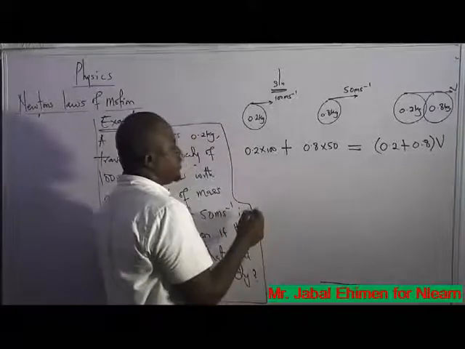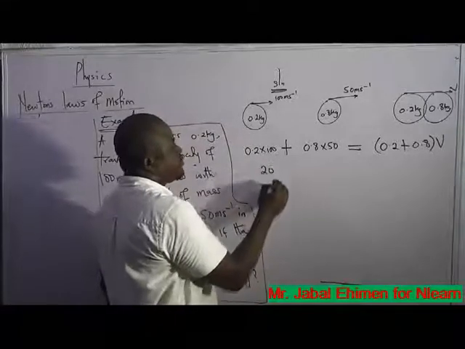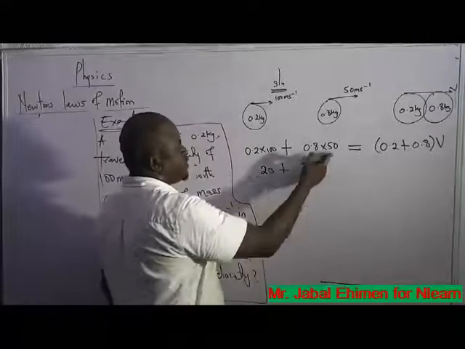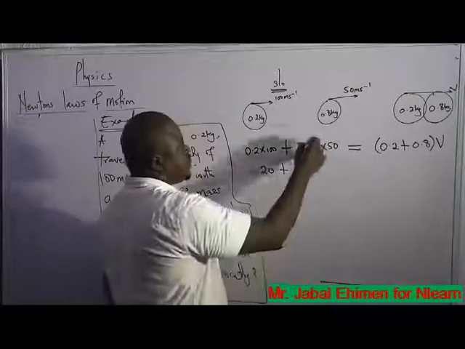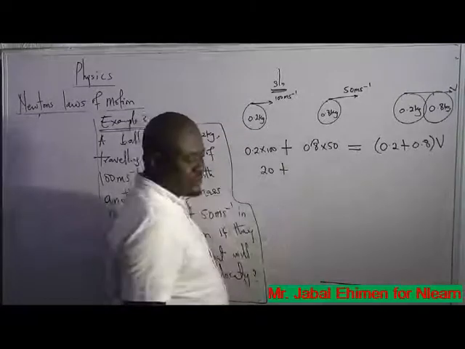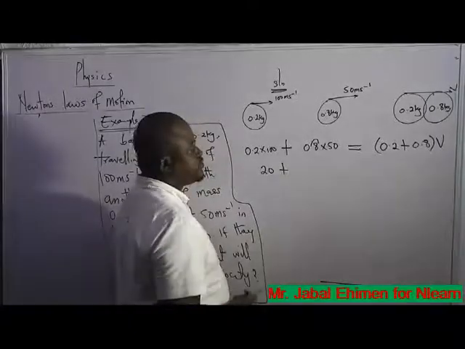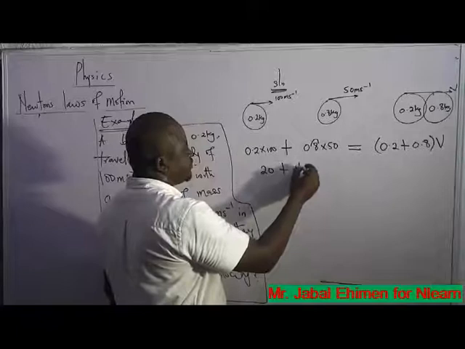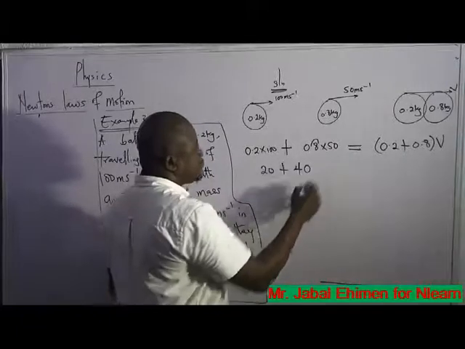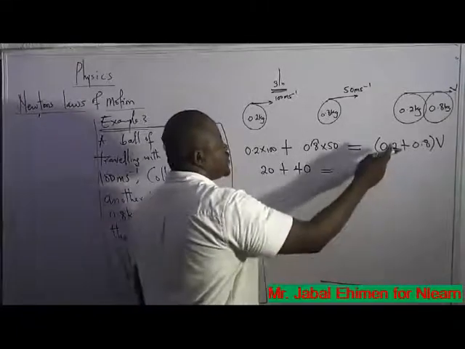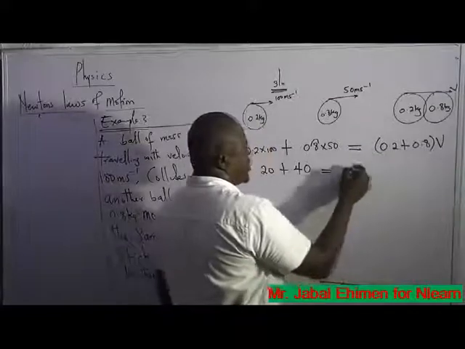From here, 0.2 times 100 will be 20, plus 0.8 times 50, that will give us 40. That is equal to 0.2 plus 0.8, which is 1, times v.